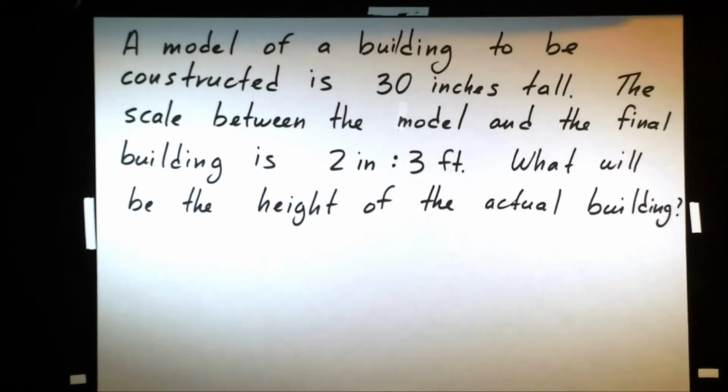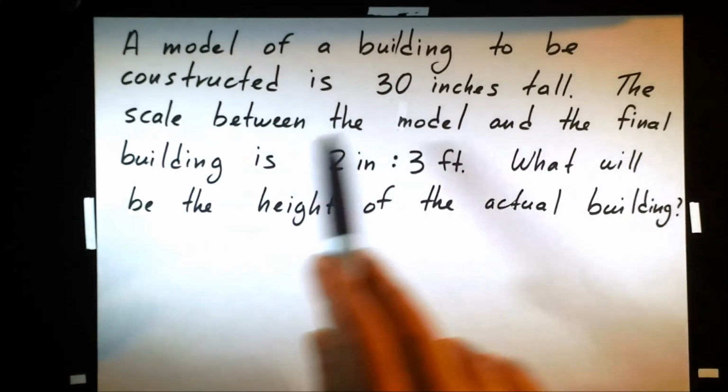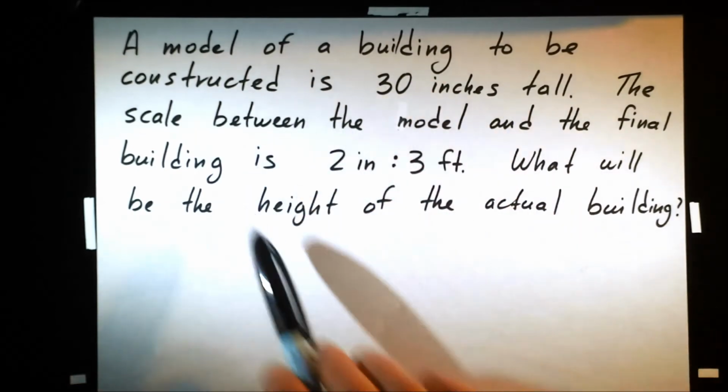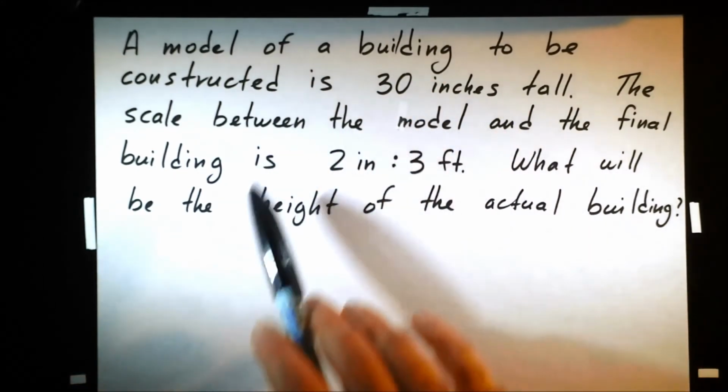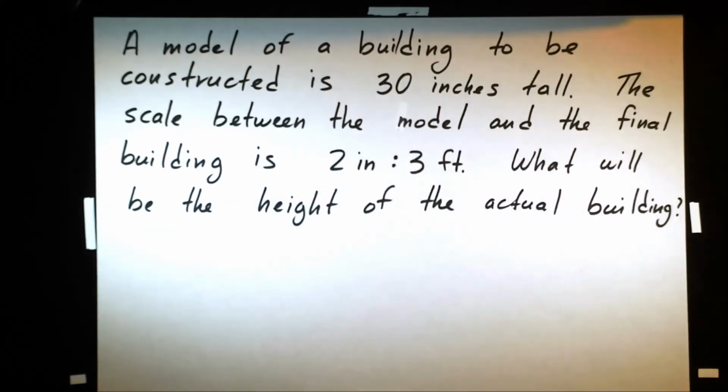So they've constructed the model and it's 30 inches tall. All right. Then they gave you the scale. This is a ratio, and this ratio tells you what the scale between the model and the actual building is. And now they want the actual height of the building.